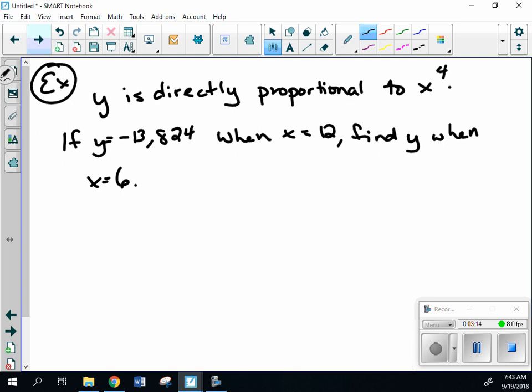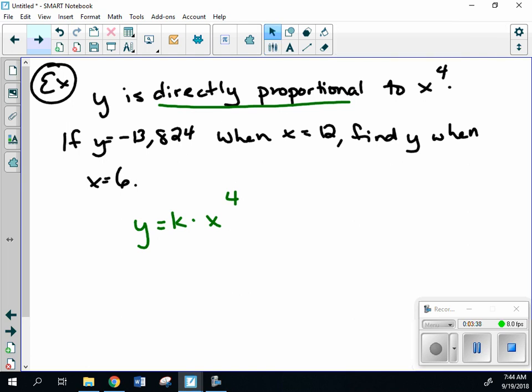Okay, so right there, they give you some numbers and a situation in order to figure out what the k value is. So the first thing we look for is directly proportional to x to the power of 4. So that means we have y equals k times x to the power of 4.